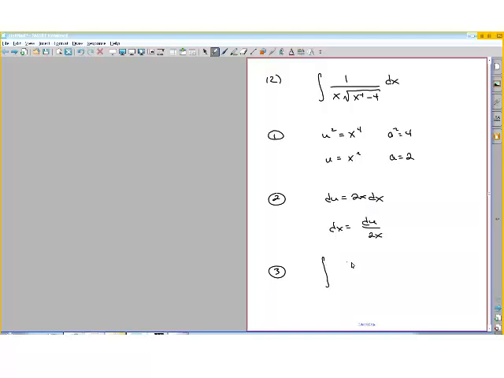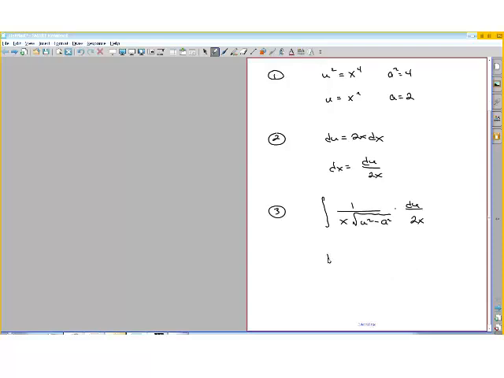So we get 1 over x times the square root of u squared minus a squared times dx, which is du over 2x. So it's a little more complicated because we've got one additional step. If I factor out the 2, so I get 1/2, I'll end up with 1 over x squared times the square root of u squared minus a squared times du.